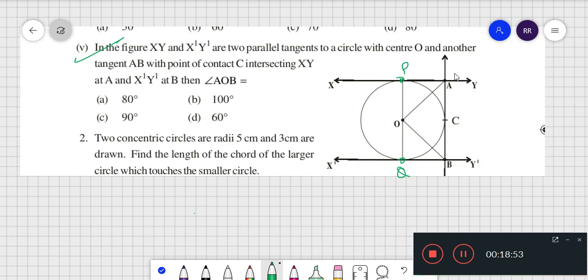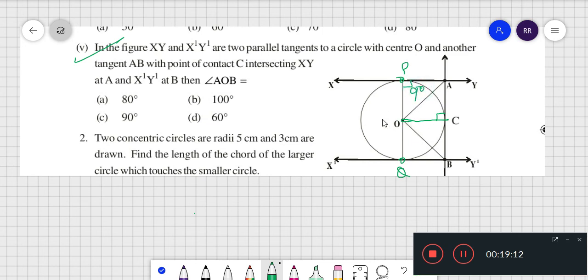So this is the third tangent. From here to here is the radius. Okay, children. The radius is always perpendicular to the tangent. So this is 90 degrees.